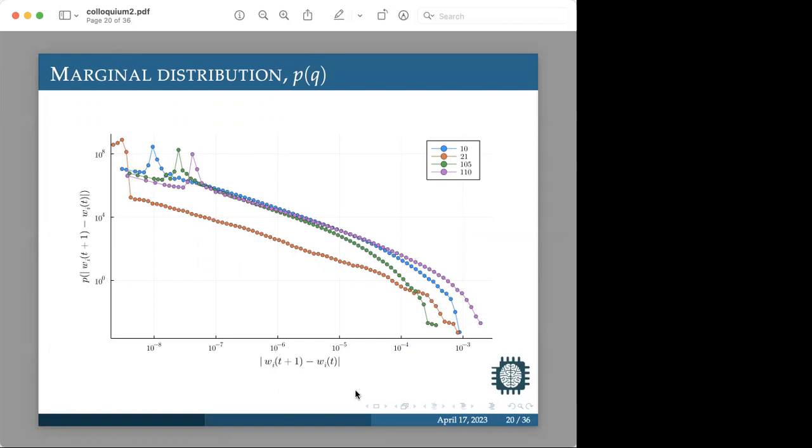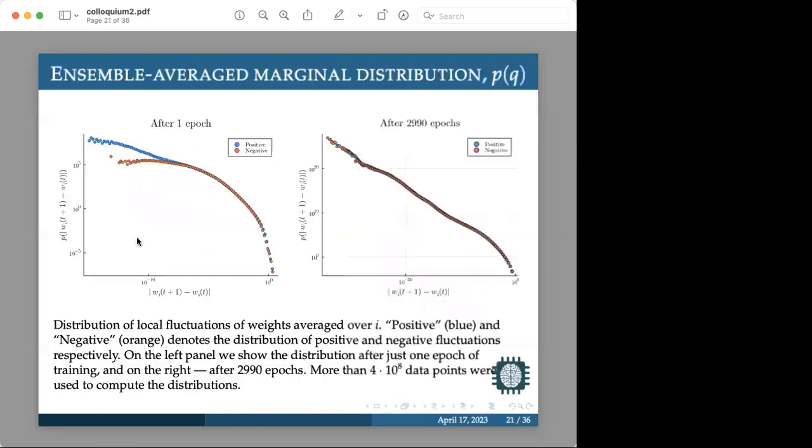And that means that there are some large jumps that are not exponentially suppressed. If it were, for example, a Gaussian distribution, it would decay much faster and wouldn't have those long tails. And that's what we see here. If you start training your system, in the beginning it has a Gaussian distribution, so on the log plot you do not see a straight line.